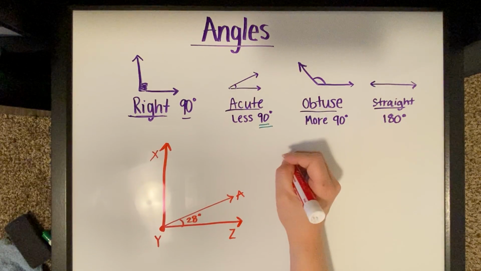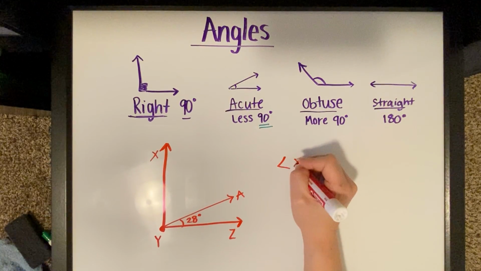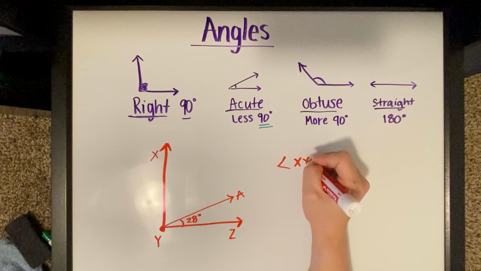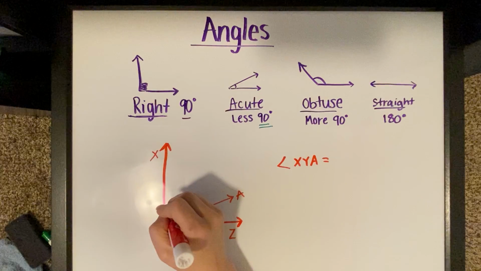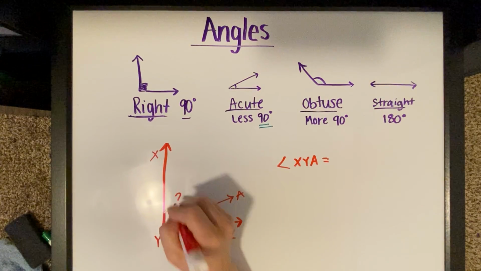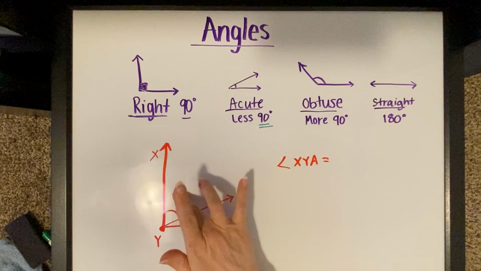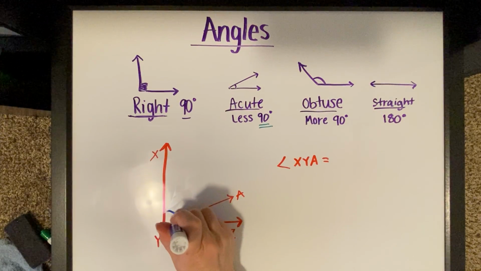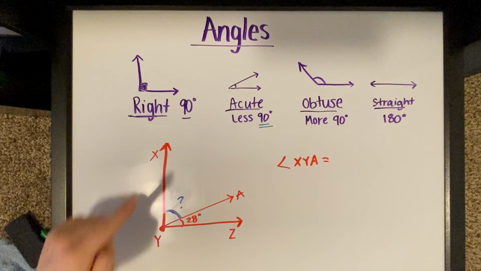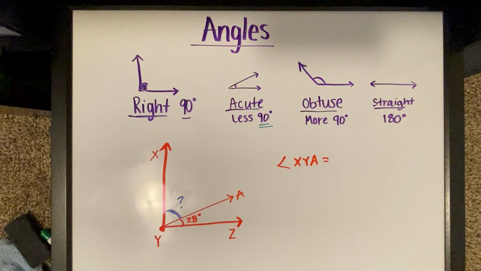I don't know what angle XYA equals. That is what I'm trying to figure out. This spot right here. Oh, let me do that in a different color. I'm trying to figure out what this equals. I don't know it yet, but I can use my information about my angle types to help me out.